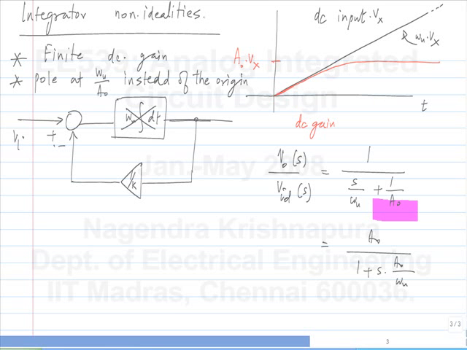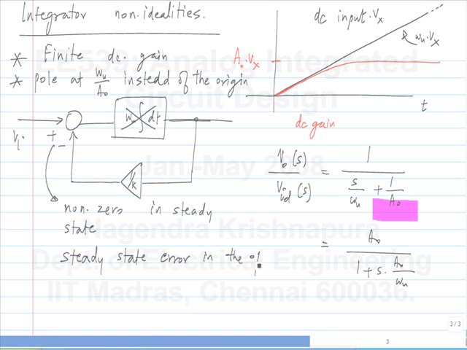So clearly this difference is non-zero in steady state. So there will be a steady state error in the output. Okay. So that's the effect of finite DC gain. Now depending on how much error you are willing to tolerate, the DC gain needs to be appropriately large or small. Okay.